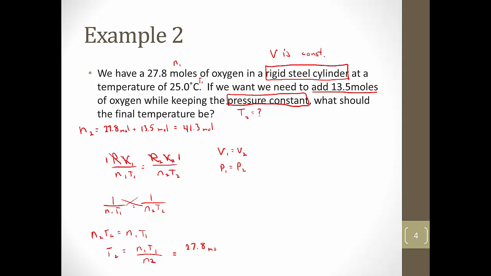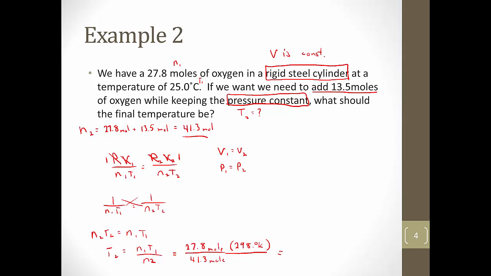That is equal to 27.8 moles times 298 degrees Kelvin divided by this 41.3 moles.